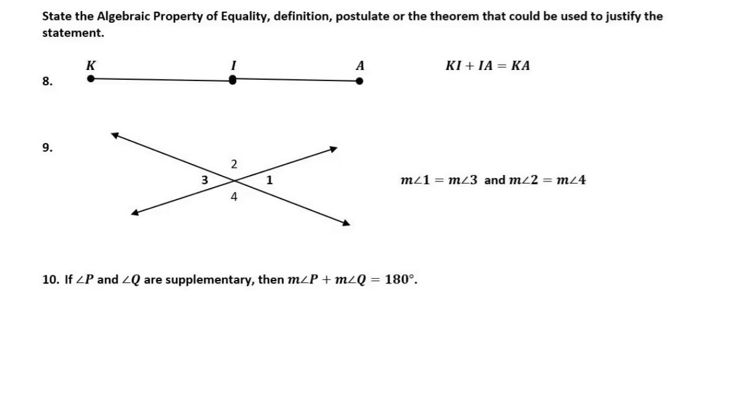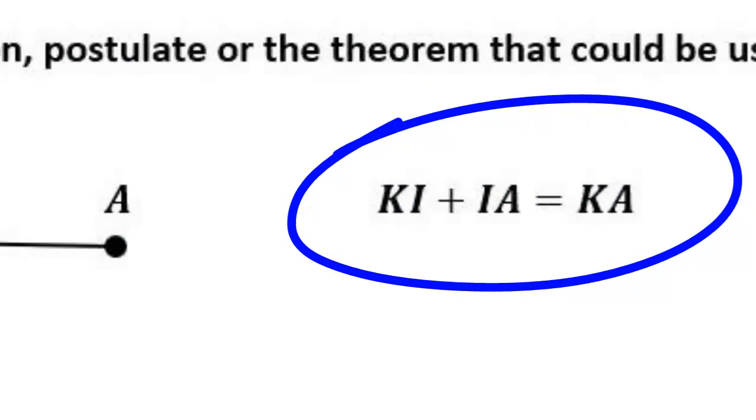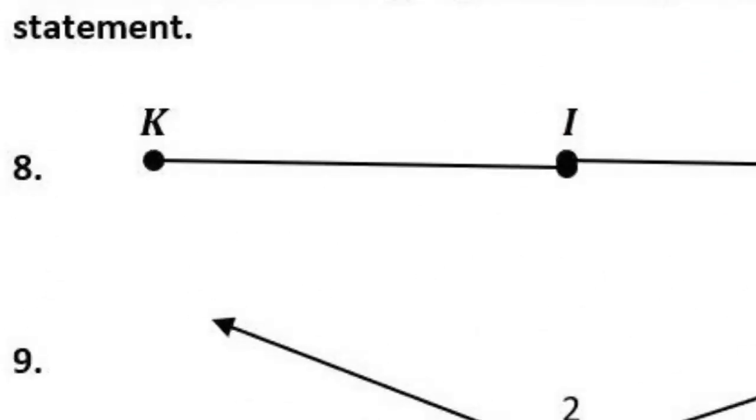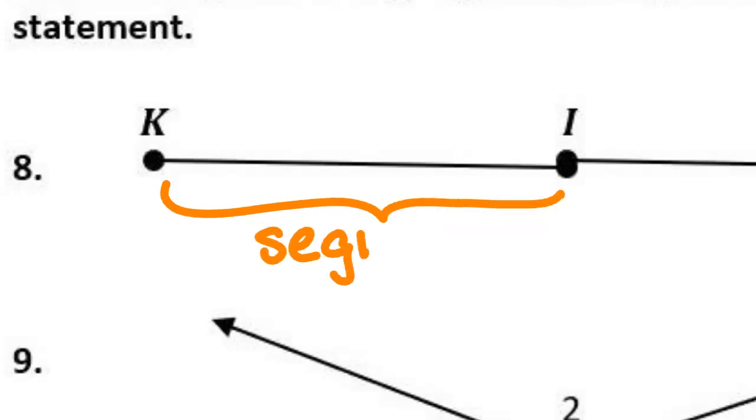For number 8, we need to write down what postulate, property, theorem, or definition allows us to make this statement right here. When I look at the picture, KI, or the length of KI, this is a segment.